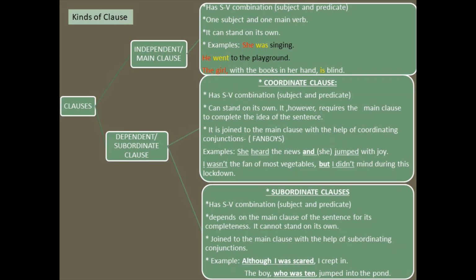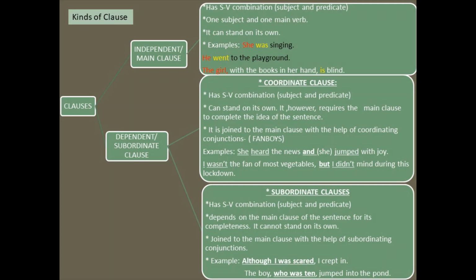So going through this, you would have understood that the clause, which is made up of two kinds, the independent clause and the dependent clause, is further classified into two parts, that is the coordinate clause and the subordinate clause. Coordinate clauses are equal, still they are dependent on each other. That is why it is being classified under dependent or subordinate clause.